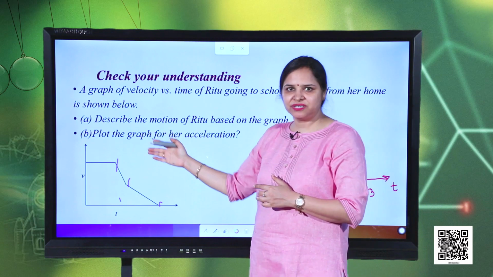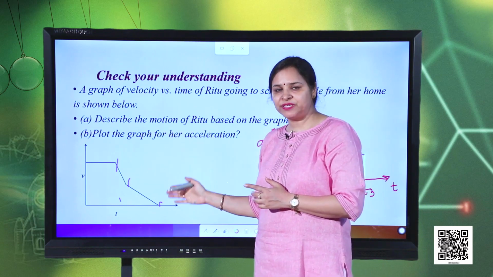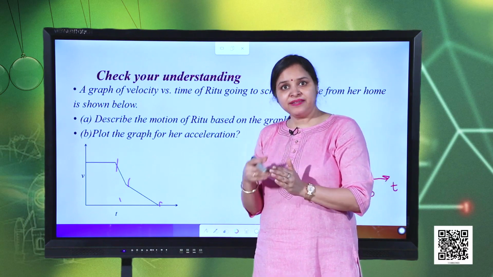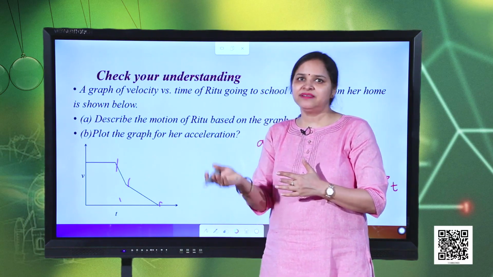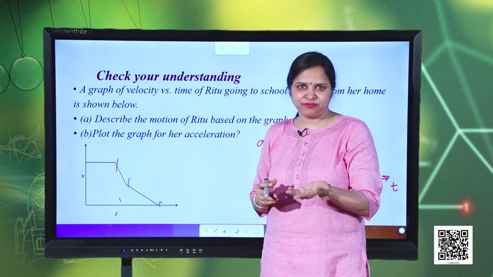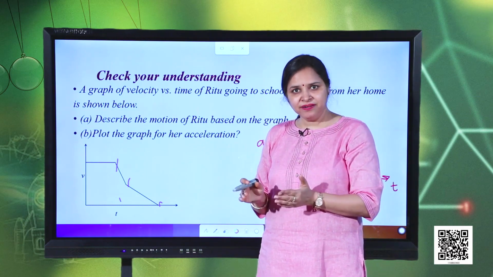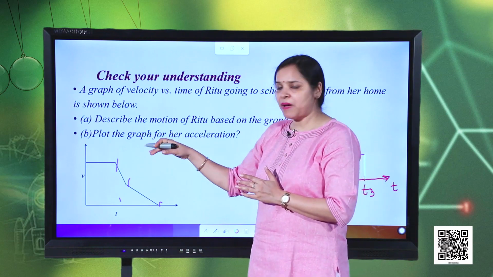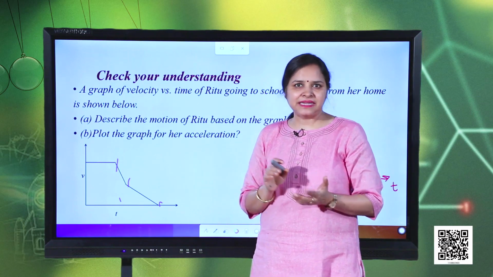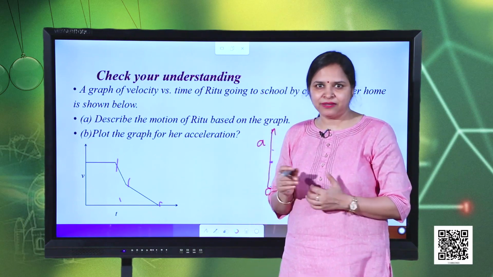It is a simple velocity time graph with the help of which we have compared the acceleration, where the acceleration is more, where the acceleration is less, by comparing the steepness of the curve. Where the velocity graph was parallel to the time axis, we can conclude that in that region acceleration has to be 0.